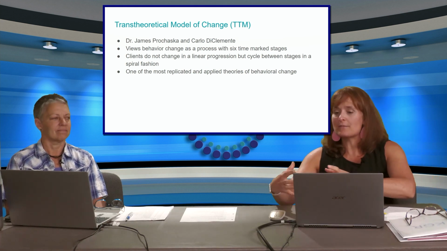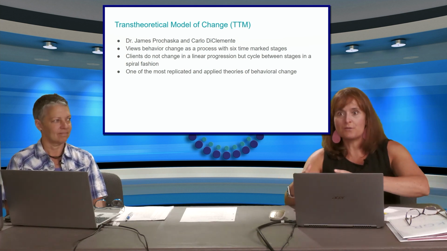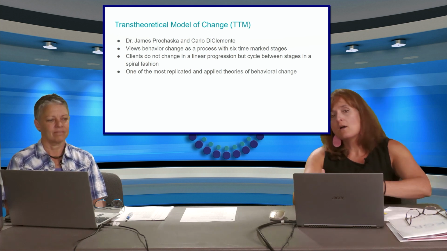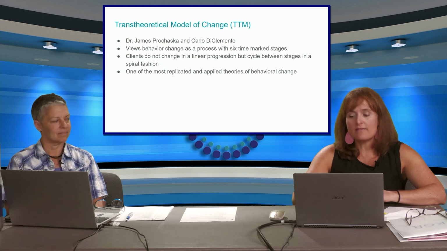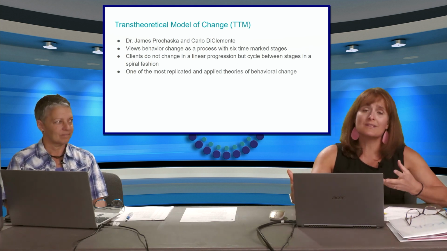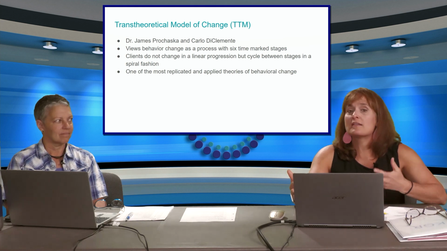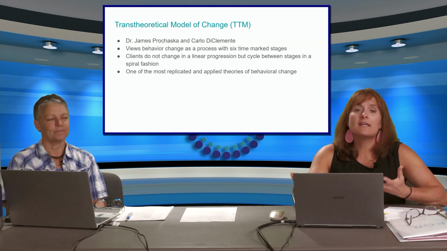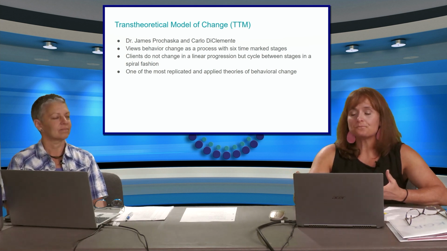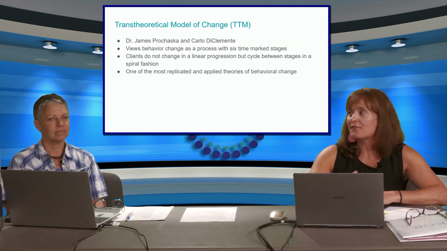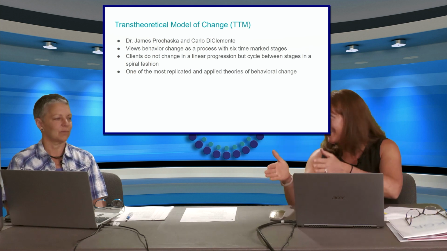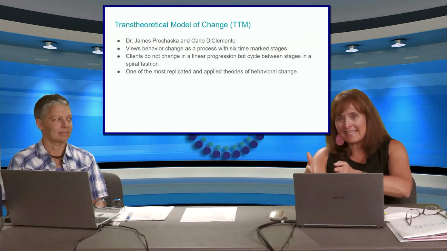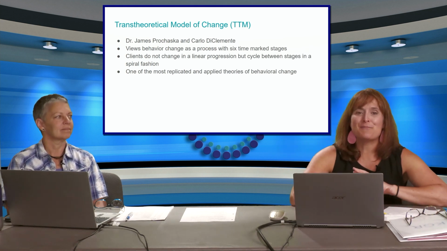You are going to see them shift back and forth between stages depending on what they're working on. They may even have one area that they are in one stage of change, and then there's another area that's really important to them, and they're still just contemplating, am I even ready to do this? So you will see that it's this kind of fluid back and forth, that it's not really set, okay, well, I'm here, I made it. They are going to shift back and forth.